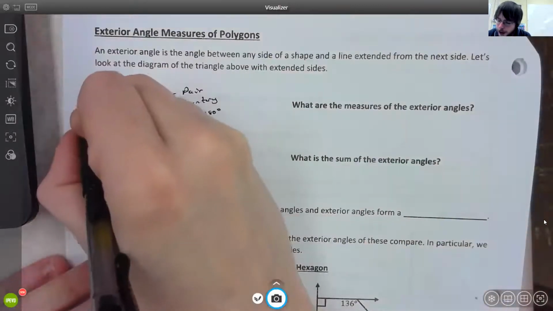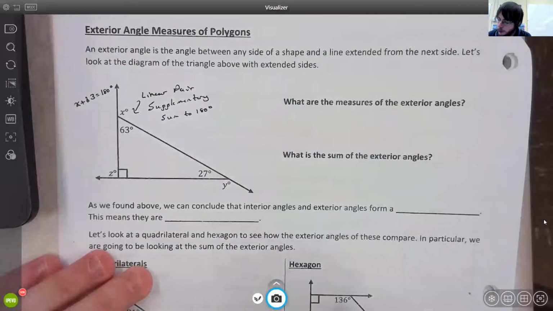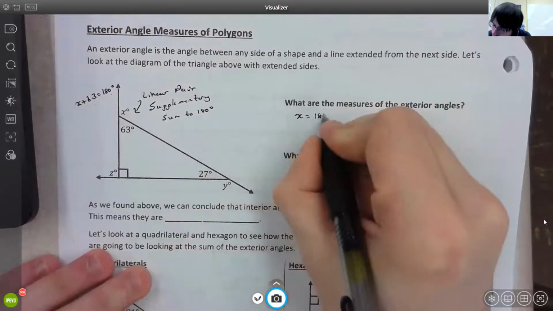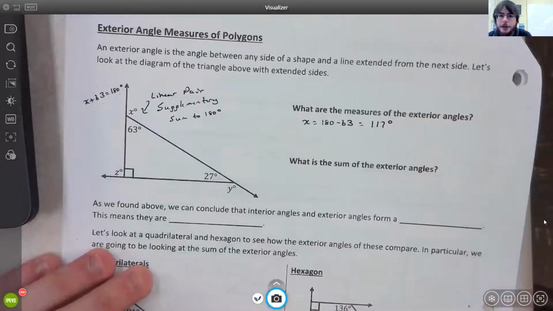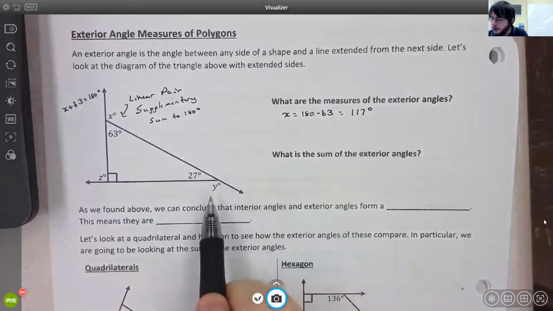So x plus 63 must equal 180 degrees. To find x, we take 180 and subtract 63, and we get 117. So we have 117 degrees for our first one. The next one here, we're going to figure out y.